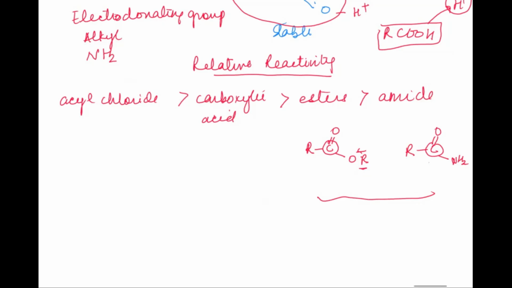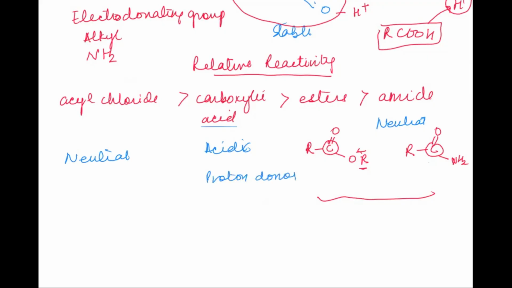Now, in terms of acidity, whether they are acidic or neutral in nature, acyl chlorides are said to be neutral and amides are also said to be neutral, whereas carboxylic acids are acidic. Acidic means they are proton donors.